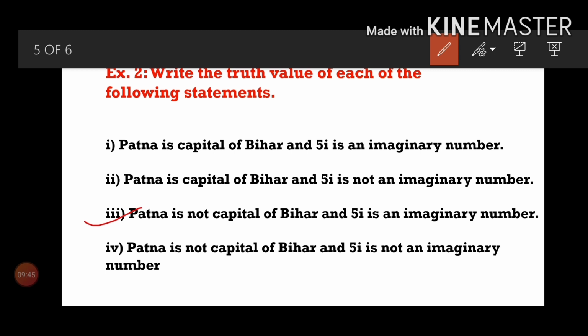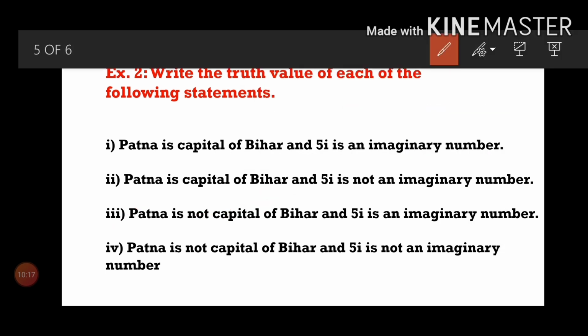The second statement, 5i is an imaginary number, is true. So F and T equals F. Then the truth value is F, which is the answer of the third question.